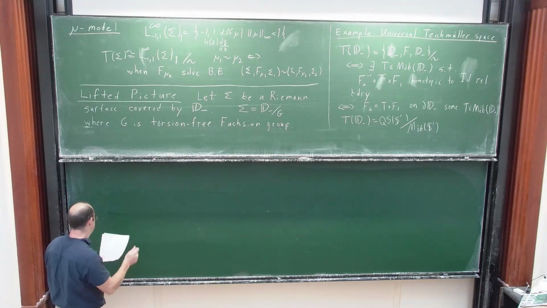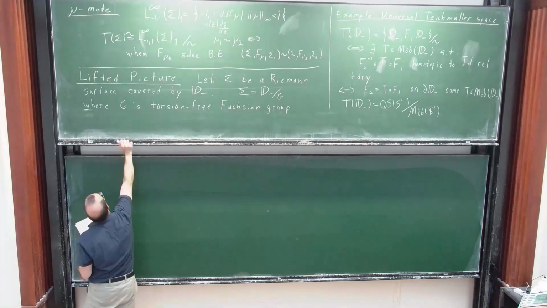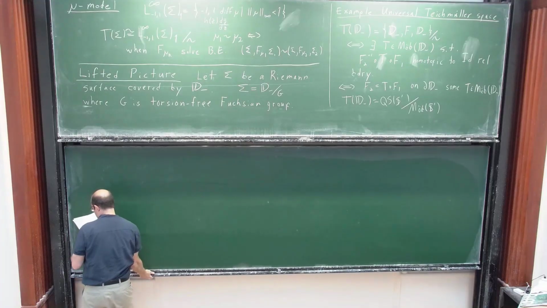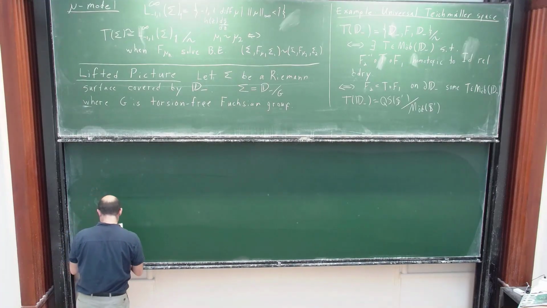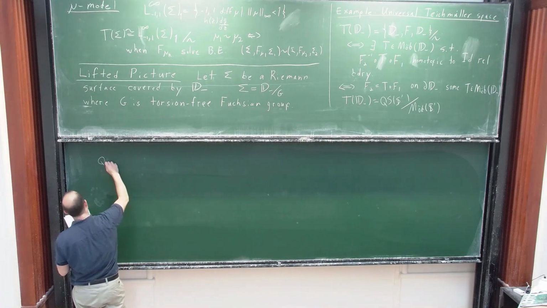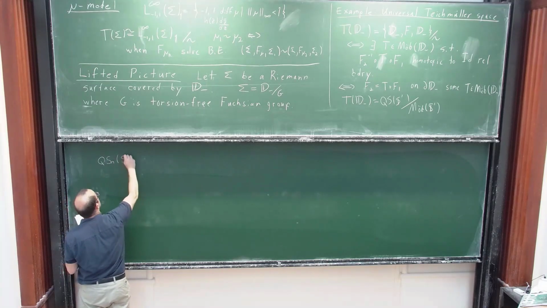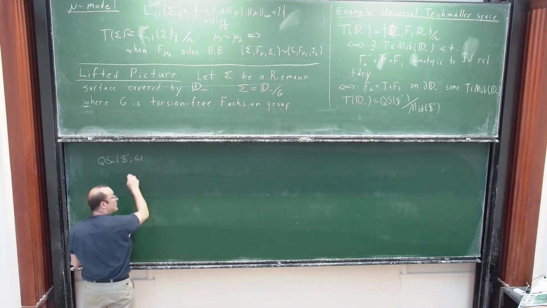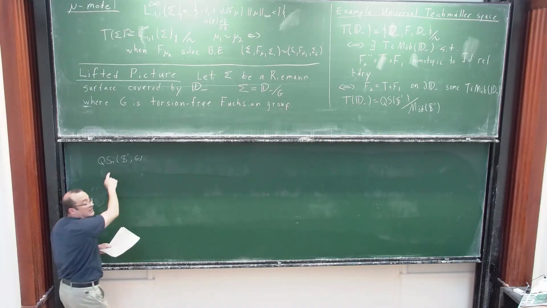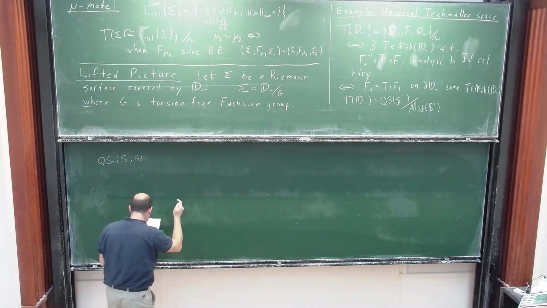Okay, so now I'm going to give a few equivalent definitions. So we can say Q S normalized S1, G. So here comes the normalization. The N is for normalized, I don't know if it's good notation.